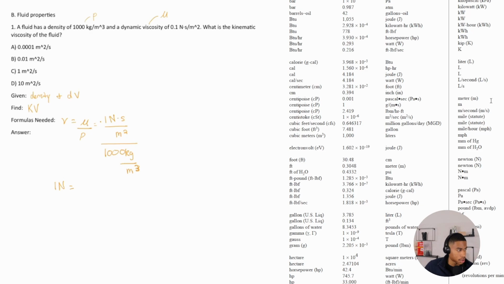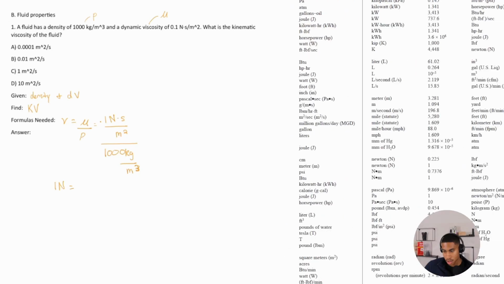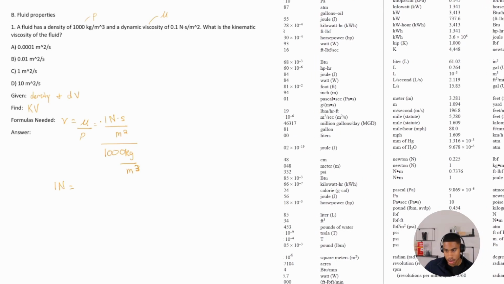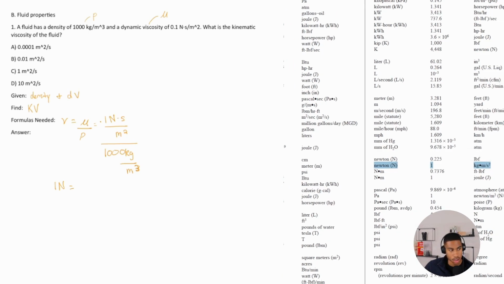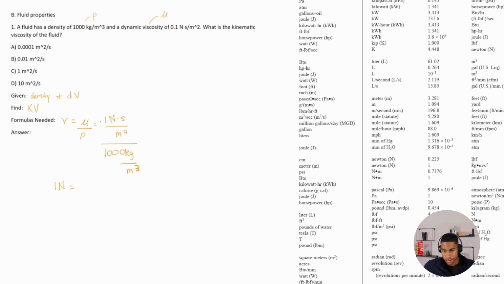And we learn that 1 Newton is equal to 1 kg times meters over second squared. So 1 Newton is equal to 1 kg times m over s squared. All right, how does that help us out here?